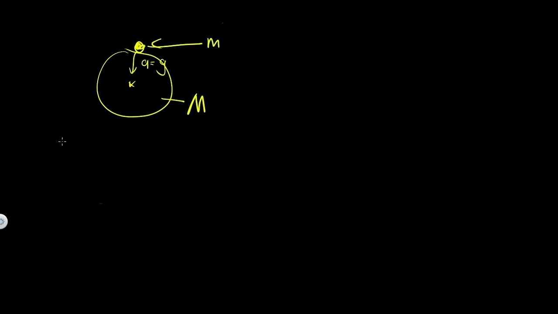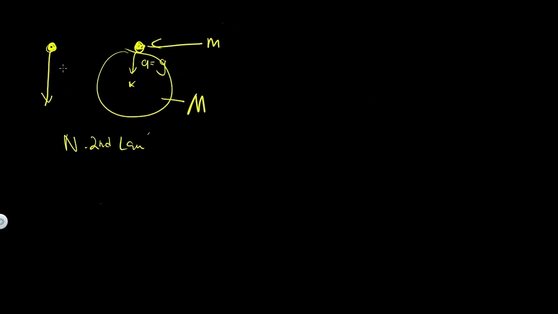Based on Newton's second law, any object which is accelerating, where the value of a is not equal to 0, must have a force acting on it. So let's take our object outside the diagram. It is accelerating downward, so there must be a force acting on this object.